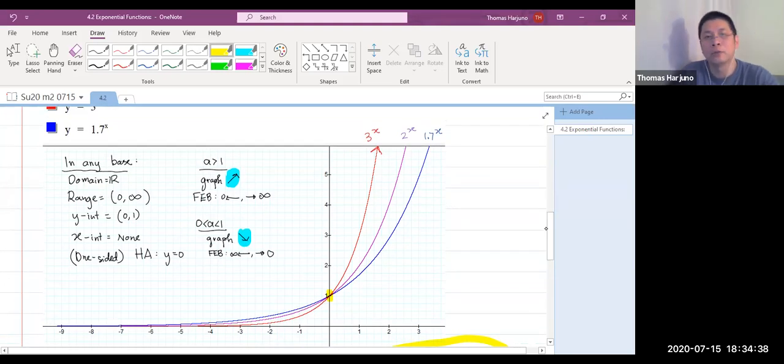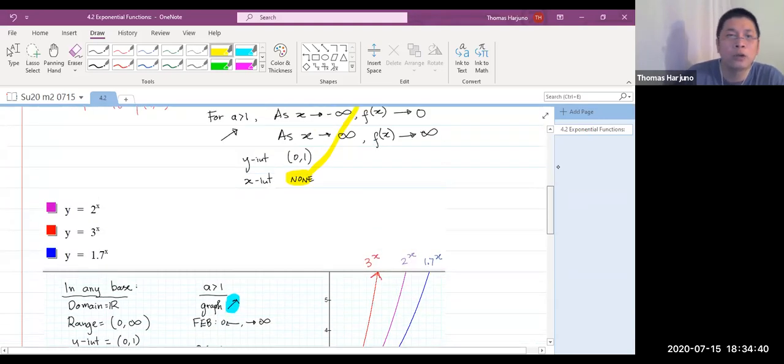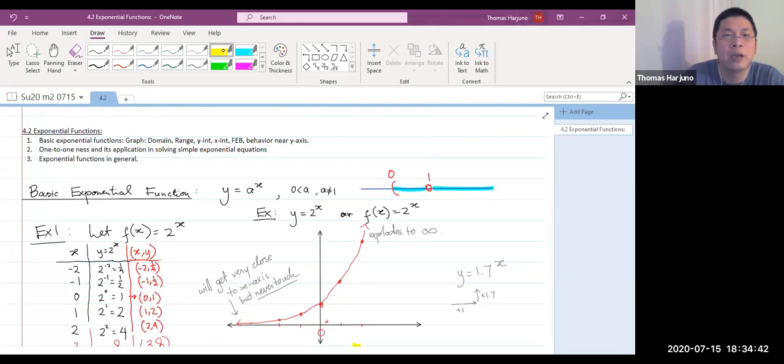Now, from here, I want you to notice the behavior near the y-axis, and that will be part of what I call important coordinates. When you graph an exponential function, you need to include these important coordinates. What are those? The one coming from the y-intercept, and this guy here, and this guy here.